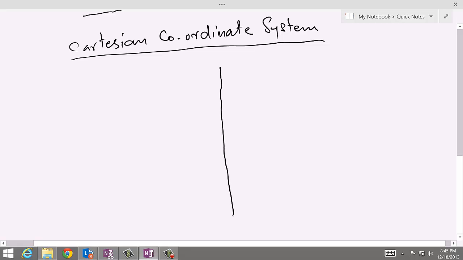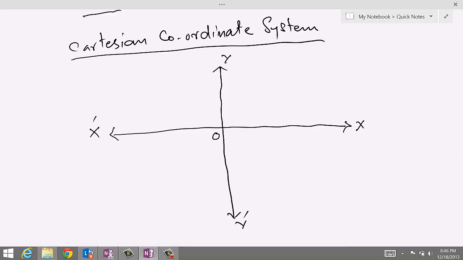One is a vertical line and one is a horizontal line. This horizontal line is called the x-axis, and the right side is labeled as x. The left side is labeled as x dash. The top side is labeled as y. The lower side of the vertical line is labeled as y dash. And the point where these two lines intersect perpendicularly is labeled as origin. And this is called the Cartesian plane.